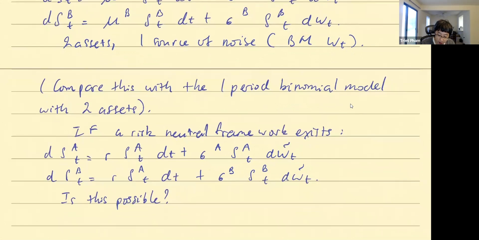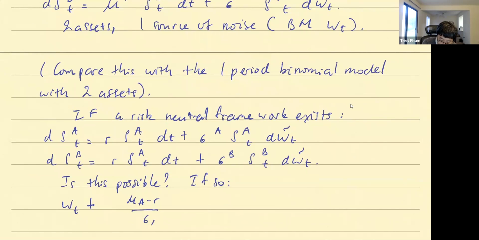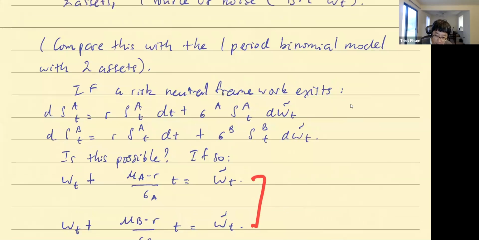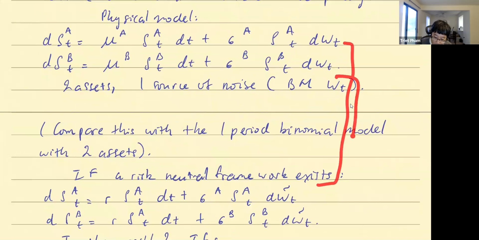So you are saying that Wt plus (mu a minus r) over sigma a times t is W tilde t, and Wt plus (mu b minus r) over sigma b times t must also be W tilde t, because these two equations capture the transition from here to here and here to here.